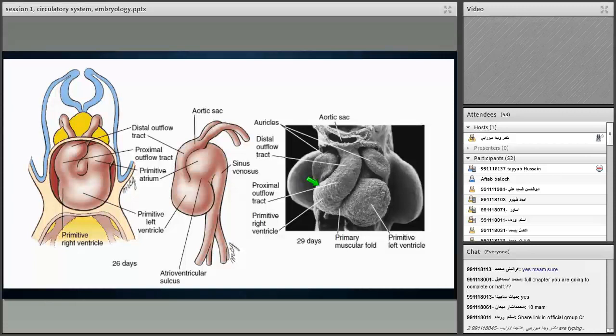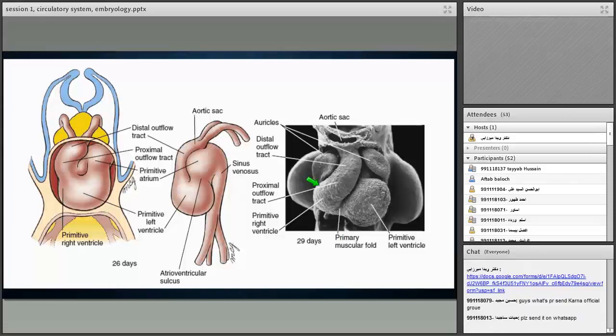Mr. Fassi will share it in your other groups. I can't. Mr. Fassi, if you're present, could you please put it into your WhatsApp group?